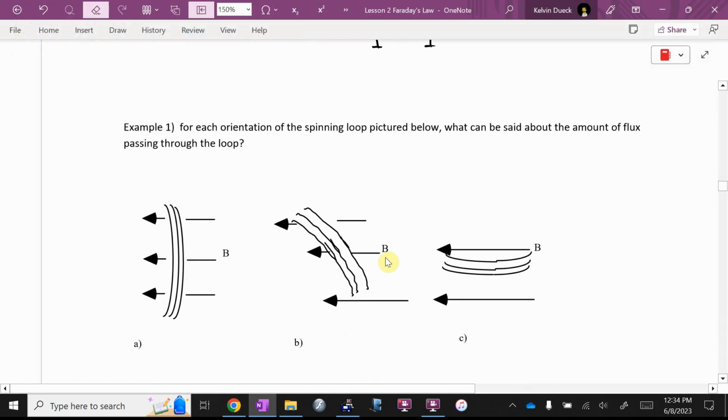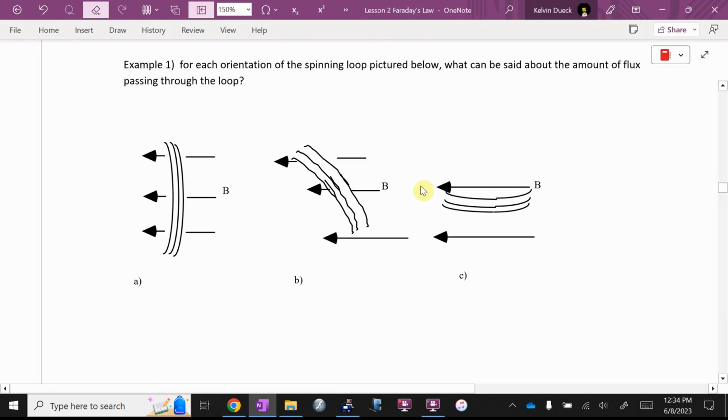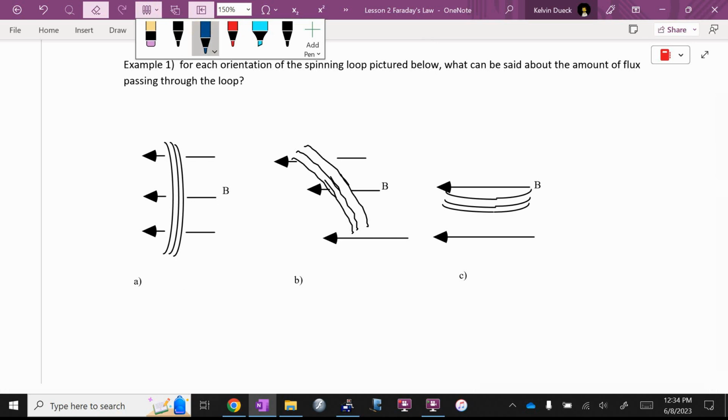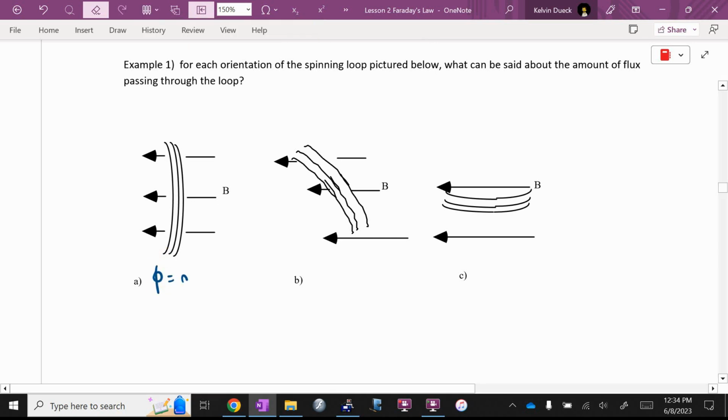It says, example 1, for each orientation of the spinning loop pictured below, what can be said about the amount of flux passing through the loop? Which one of these will have the most flux, A, B, or C? Okay, so I'm just going to write here very high tech. I'm going to say flux equals max. Which one will have no flux?